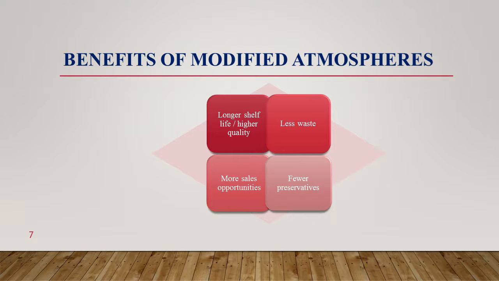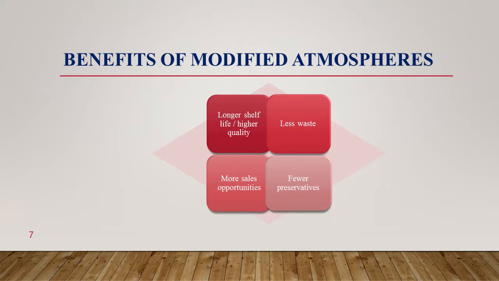Now moving to the next slide, which is benefits of modified atmosphere packaging. The first benefit is longer shelf life and higher quality, which means shelf life increases from 50% to 400%. Second, less waste. It reduces economic losses due to longer shelf life.